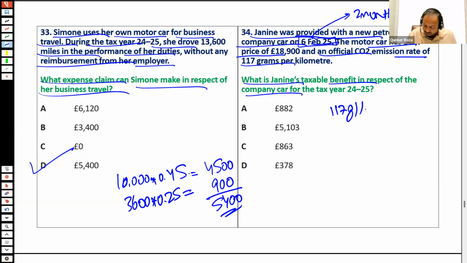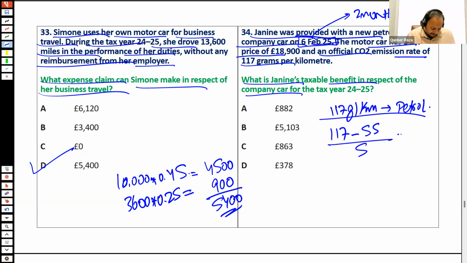It's 117 grams per kilometer and the car is a petrol car, right? Sorry, it's 12.4, make it 125 grams per kilometer.